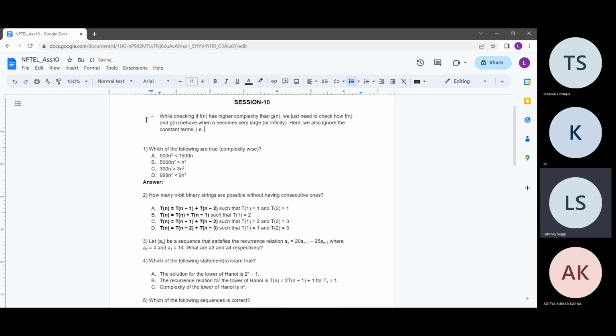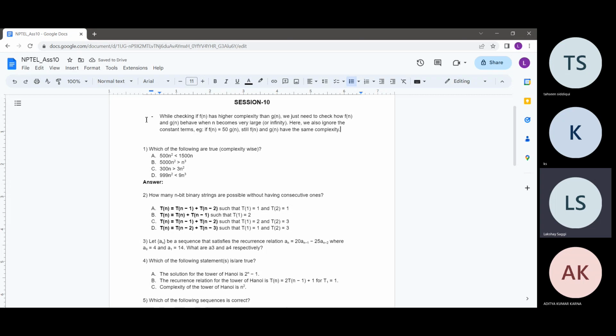An example would be a better statement. So for example, if f of n is 50 times g of n, still f of n and g of n have the same complexity. So this is how we view the complexity statement.